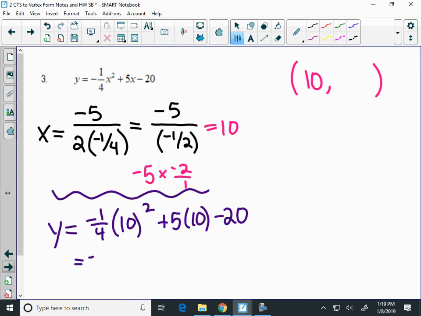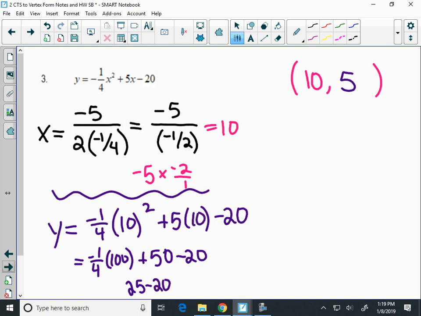So I'll have negative 1/4 times 100 plus 50 minus 20. What's negative 1/4 times 100? Negative 25, and negative 25 plus 50 is 25, and 25 minus 20 is 5. That's your y. So there's your turning point, 10, 5.